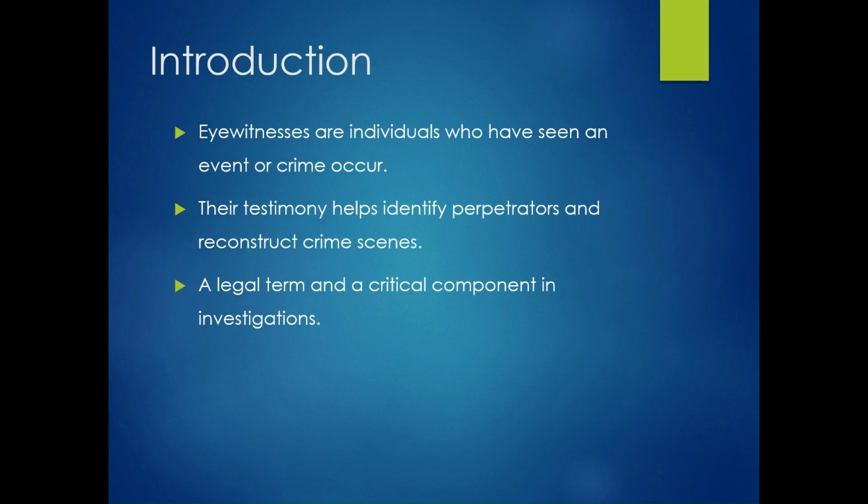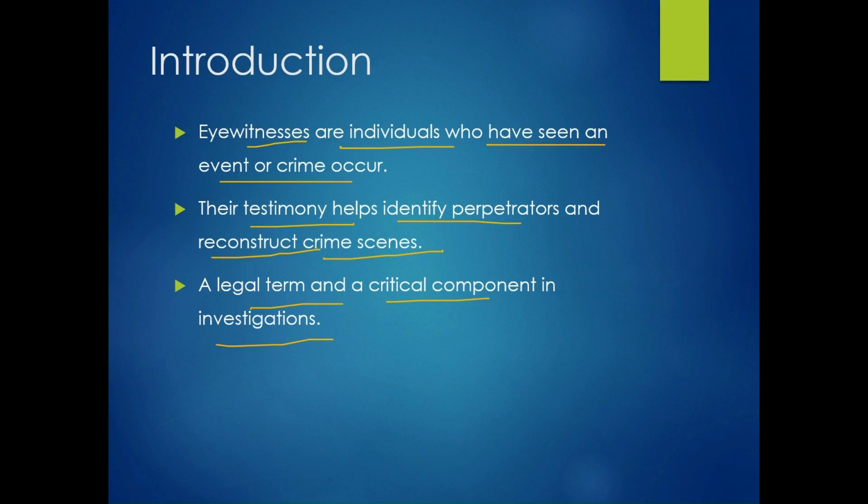So, eyewitnesses, these are individuals who have seen an event or crime occur right in front of their eyes. Their testimony helps to identify the perpetrators or the person who has committed the crime, and it also helps in reconstructing the crime scenes. It is a legal term and a very critical component in investigations.